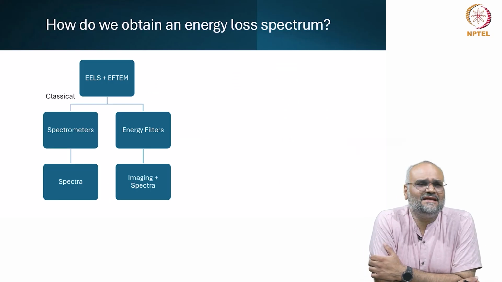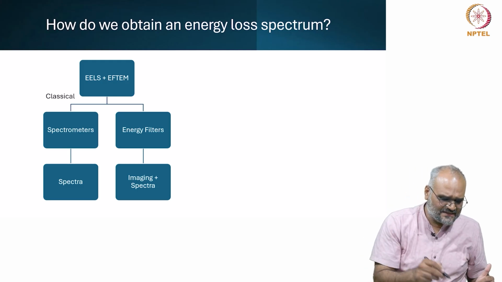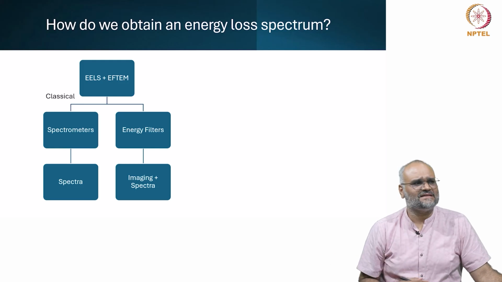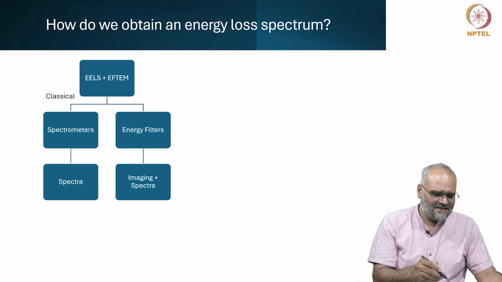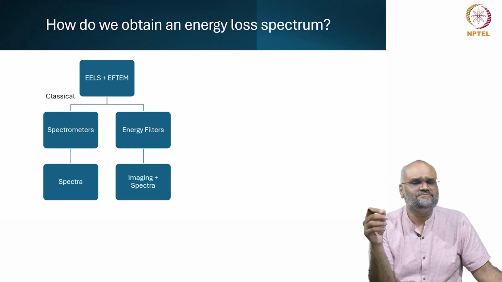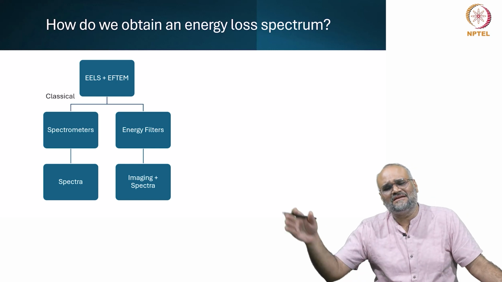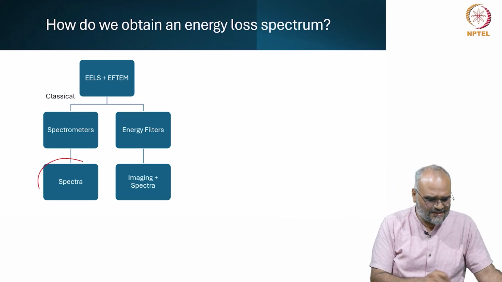If I look at the classical spectrometers, I am not going to discuss these in detail. You had these post-column spectrometers, and through different energy channels, after you do the energy filtering, you allow the signal to go through a specific window of the spectrometer, and then you collect the spectra.